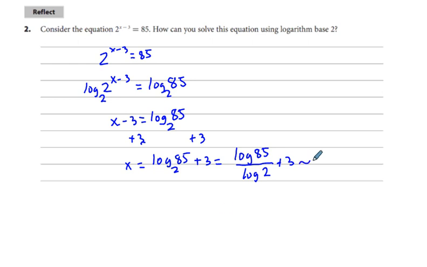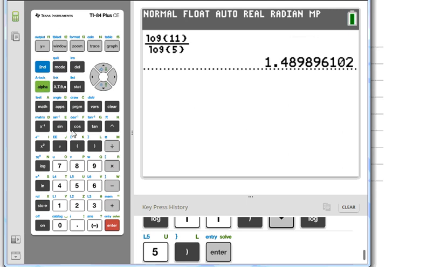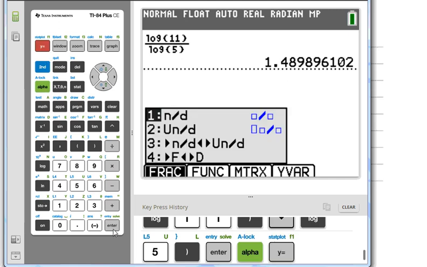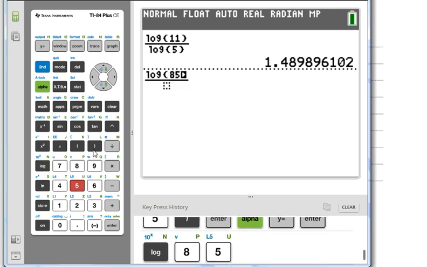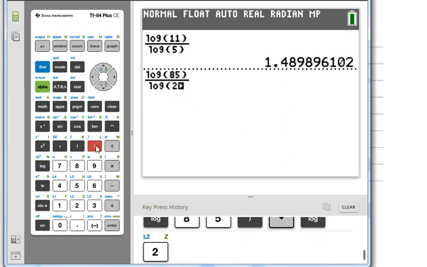And so we can get to our calculator. Log of 85 over log of 2 plus 3.